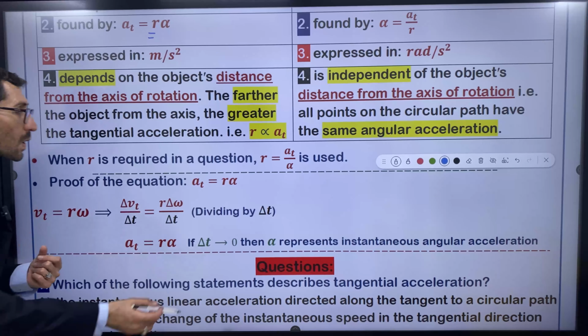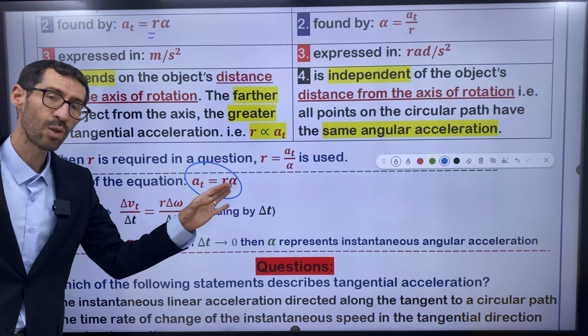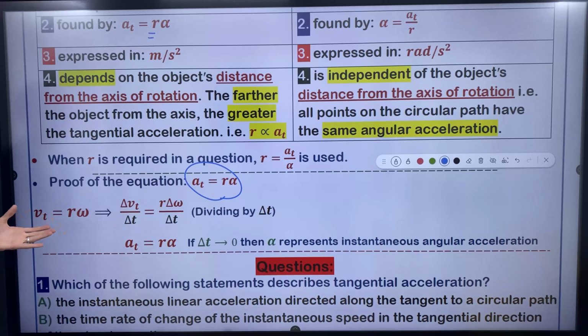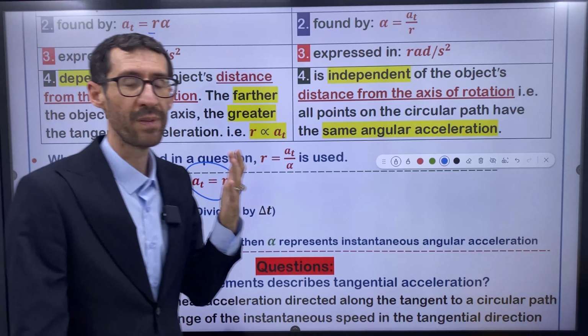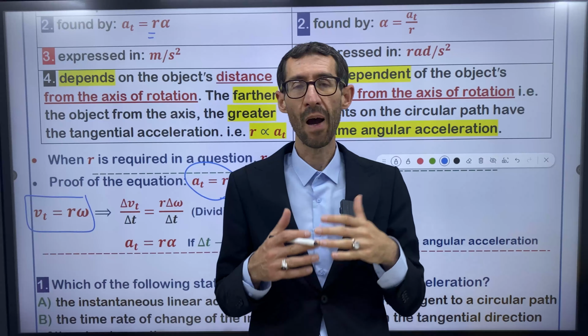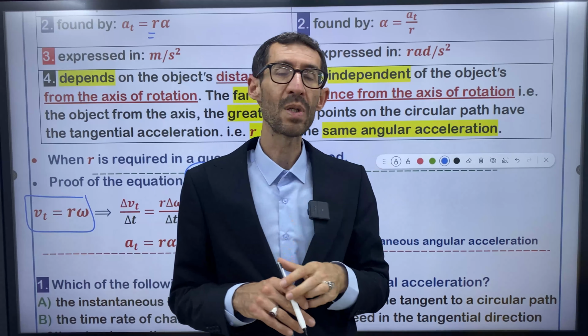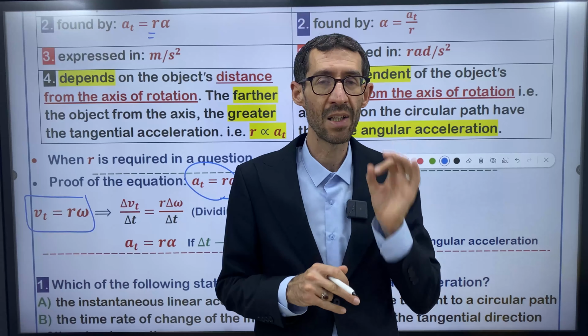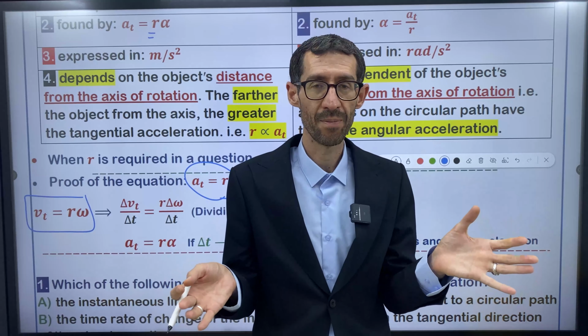We want to prove AT is equal to R alpha. We have to start from VT is equal to R omega, right? Focus on the equation of VT, tangential velocity by means of radius and omega. I've told you in previous lessons that acceleration is nothing but changing speed.